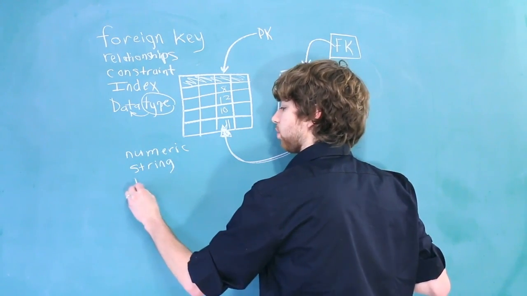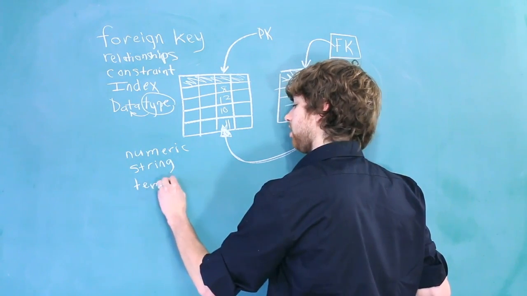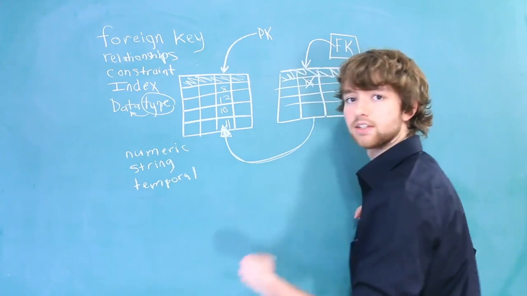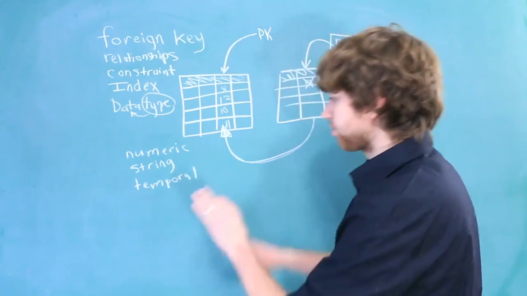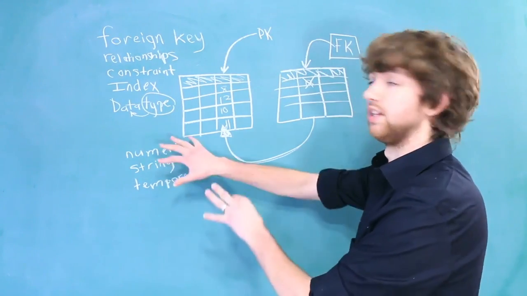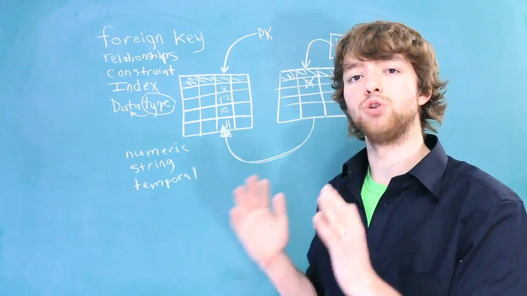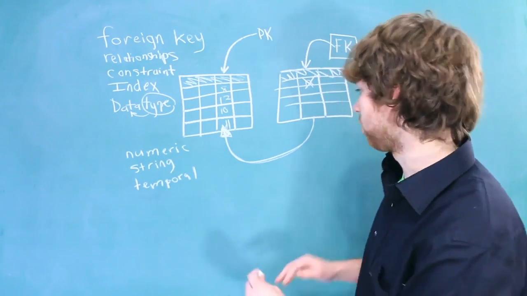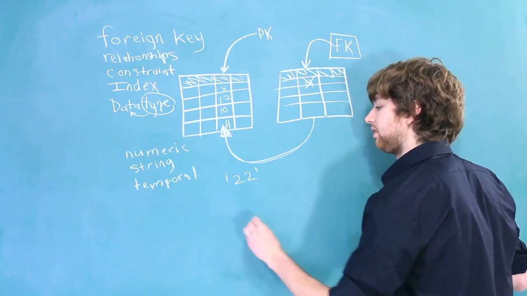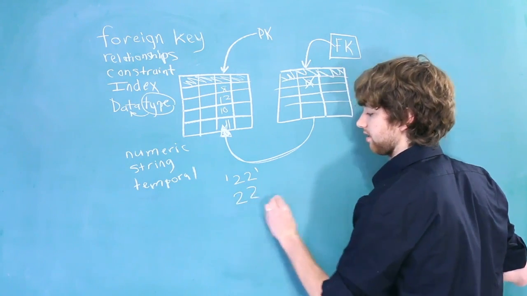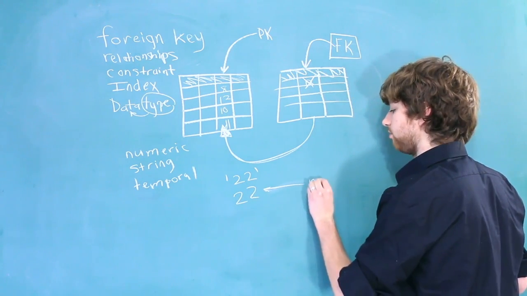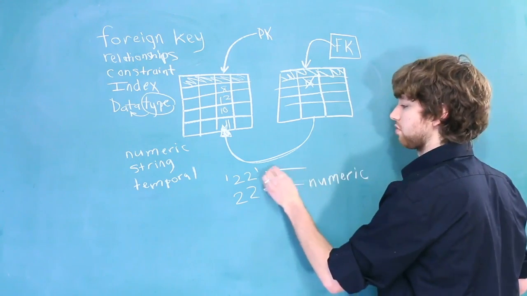Then we have what some people call temporal data, and that's just dates and times. Then there's a couple of other data types that don't really fit into these categories. A data type is used to tell the database how to work with our data. So this is completely different than this. In this situation, this is numeric data, and this is string data.